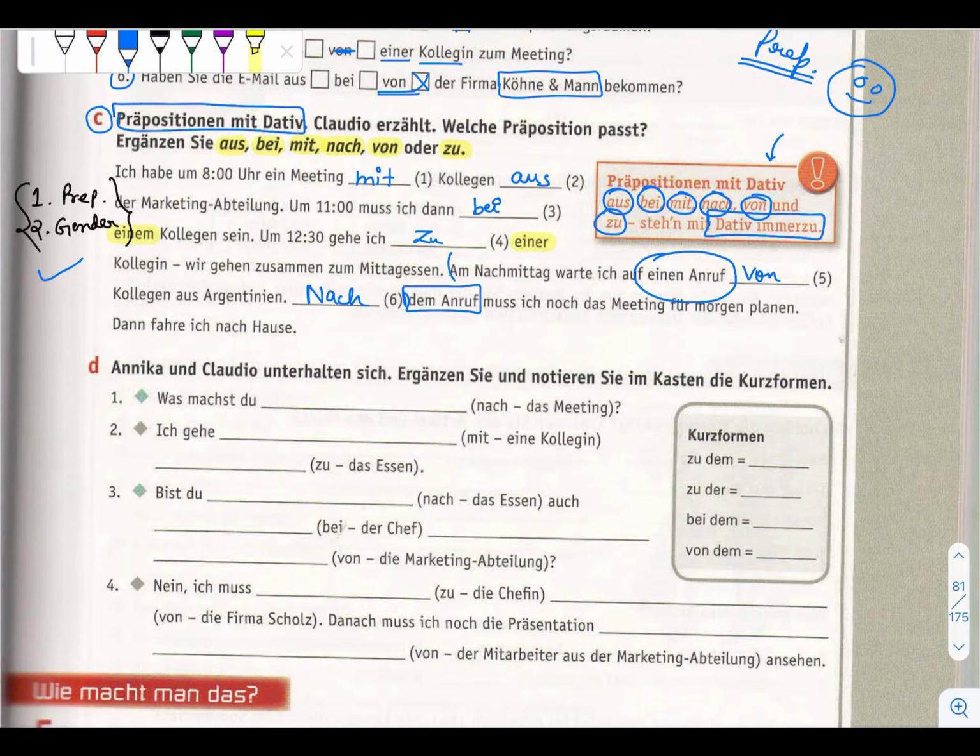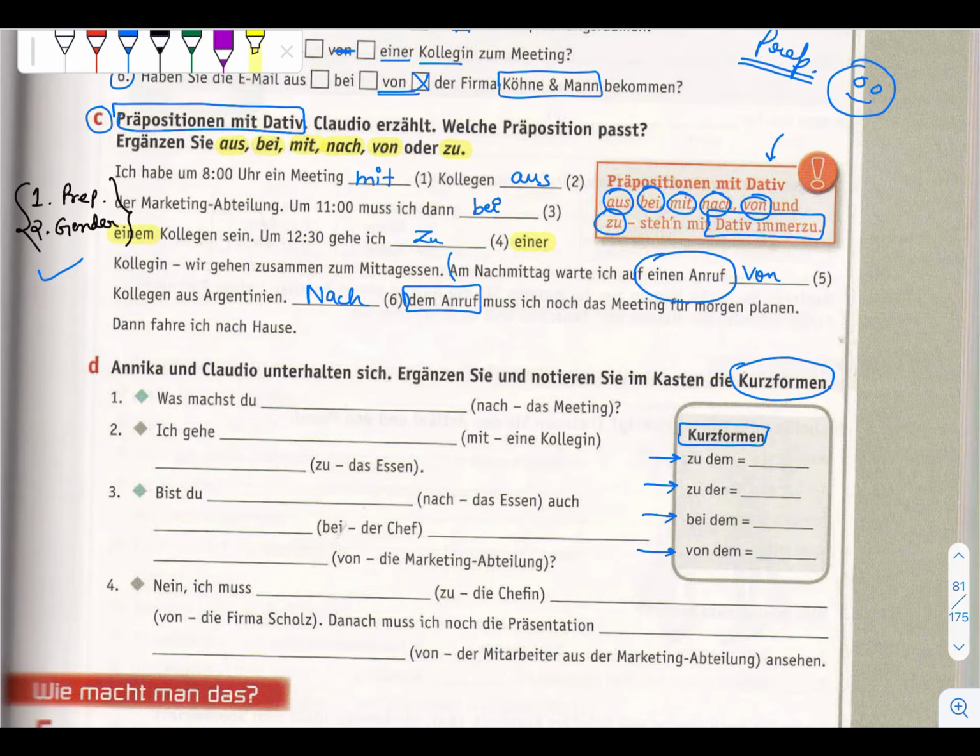Annika und Claudio unterhalten sich. Ergänzen Sie und notieren Sie die Kurzform. So we will do this one now. Kurzform means short form. I discussed this in the course book also, that we can write this in a short form.